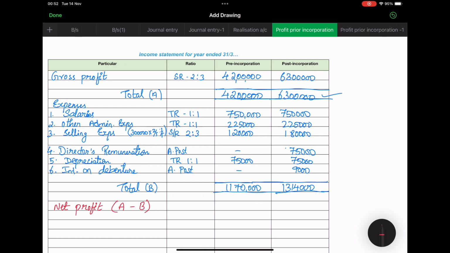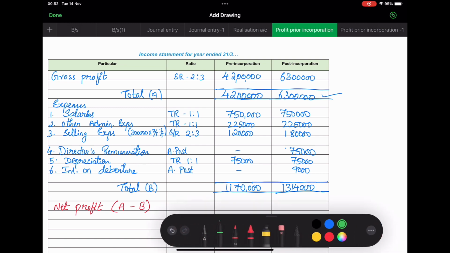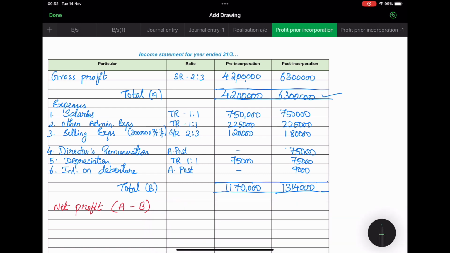So first I'll write the post-incorporation value: 63 lakh minus 13 lakh 14,000, and the value will be 49 lakh 86,000.